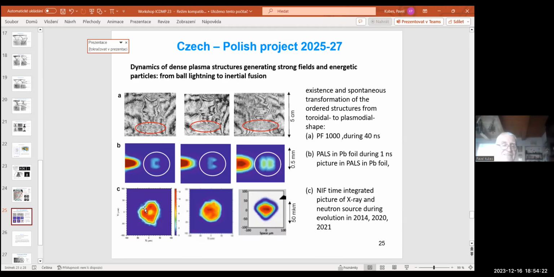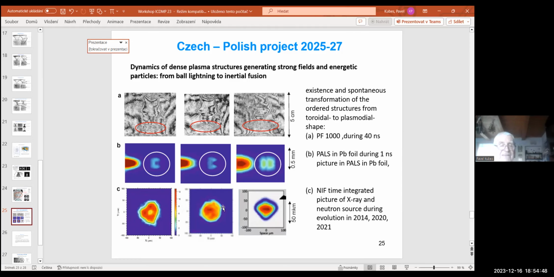And the second example is the National Ignition Facility, where we take the neutron source, its evolution during time from 2014 to 2021. In the first experiment, the neutron source has toroidal structure.